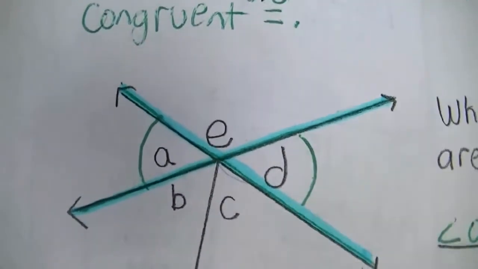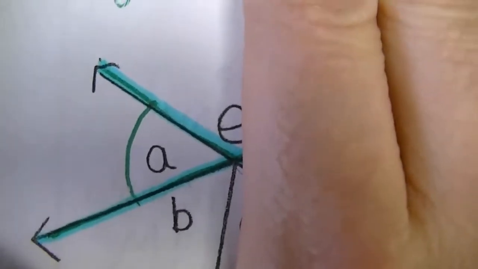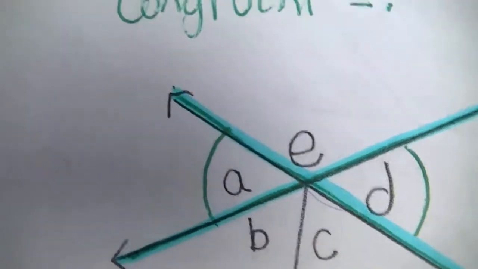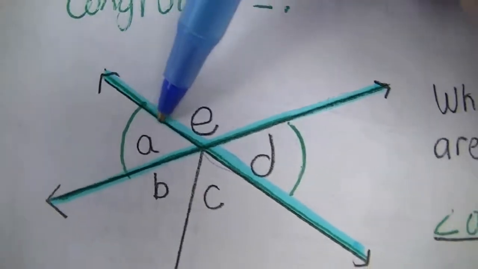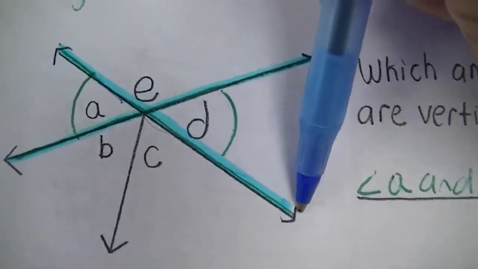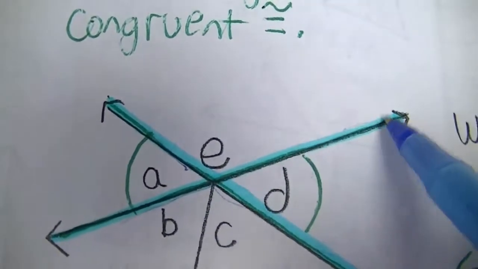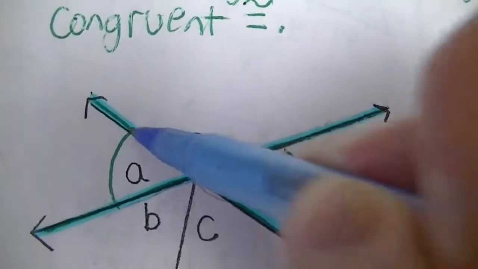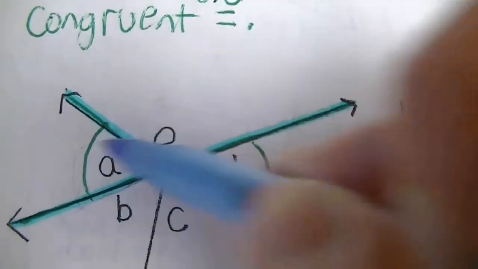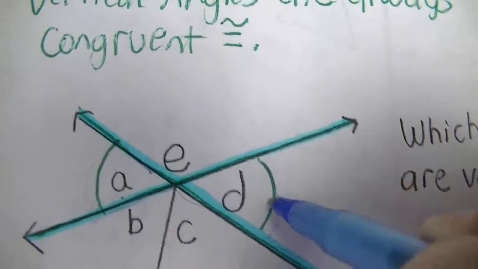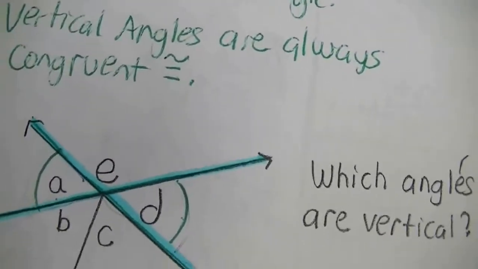I'm going to trace the straight lines for A, okay? So when I'm tracing that, it goes straight, straight, straight. And then the other one for A, straight, straight, straight. And you'll see that the two ones that have the blue, they match, okay? So A and D are definitely vertical to each other.